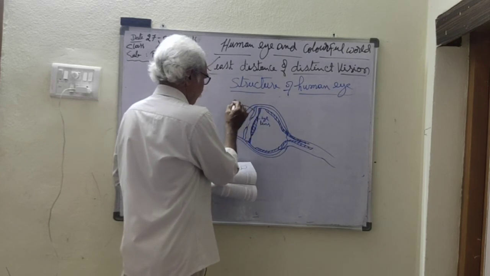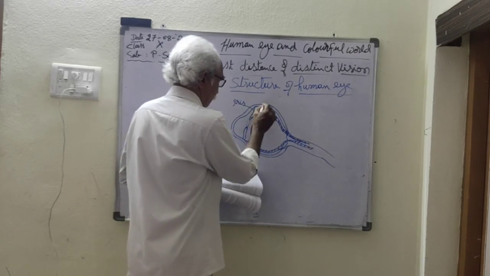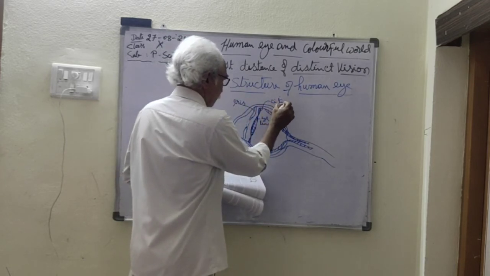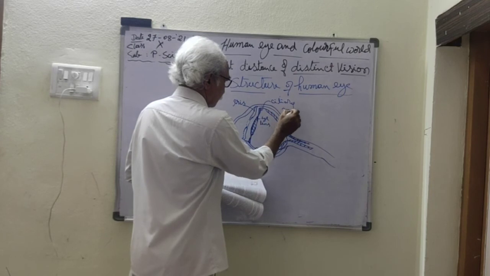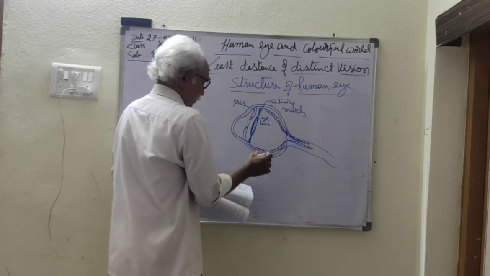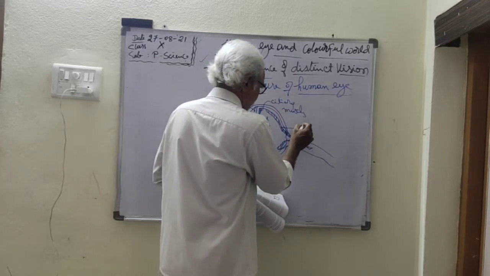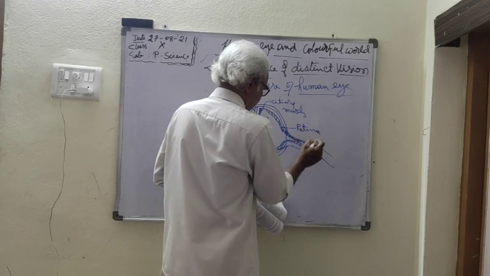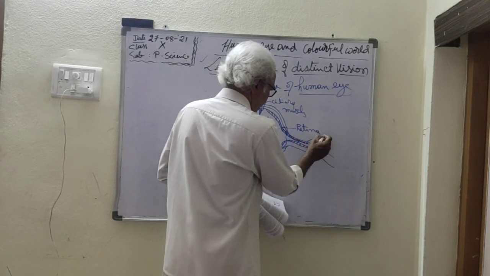This is called the iris. Ciliary muscles, retina, optic nerve.